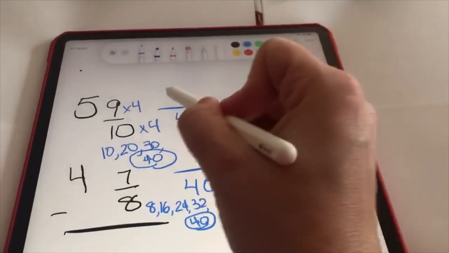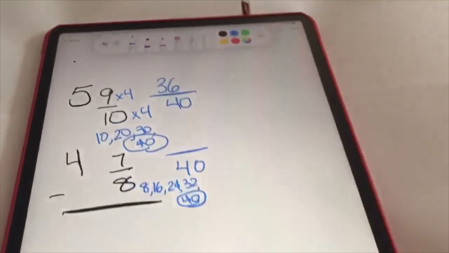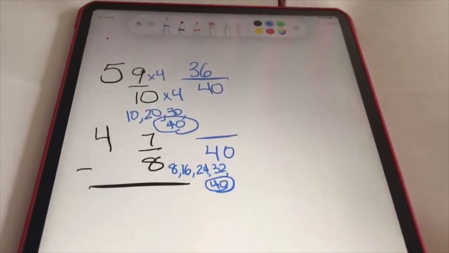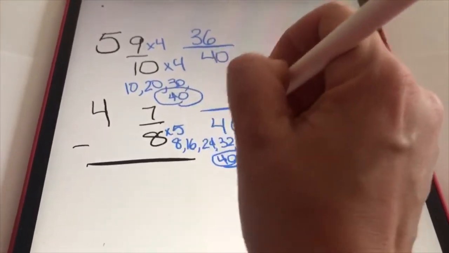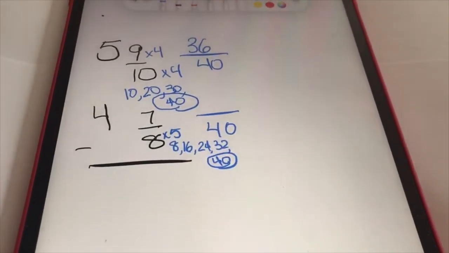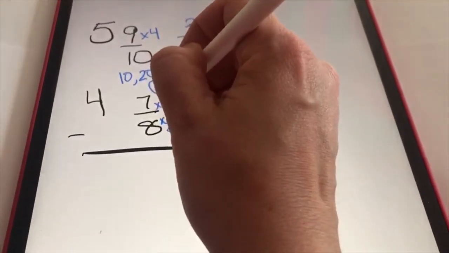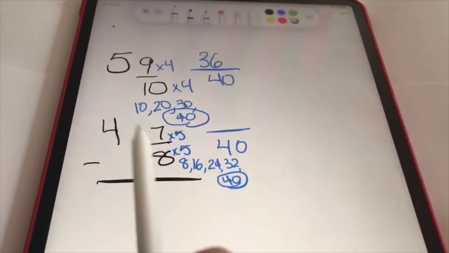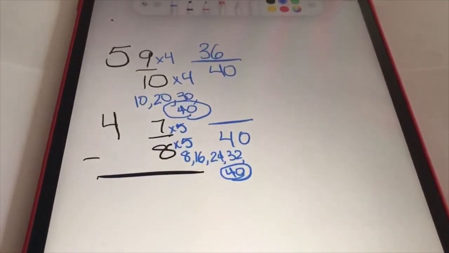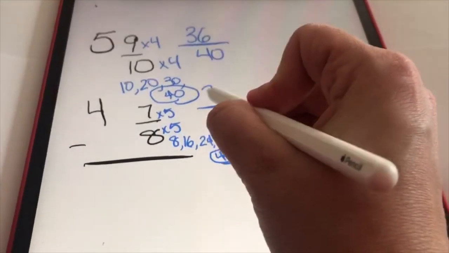And 9 times 4 is 36, okay? Come down to my bottom here. I know 8 times 5 is 40. What I do to the bottom, I have to do to the top, okay? So now I have to figure out what 7 times 5 is, and I know that's 35.